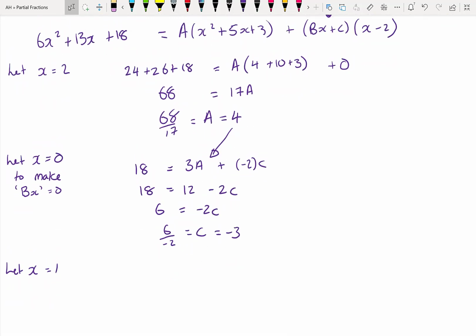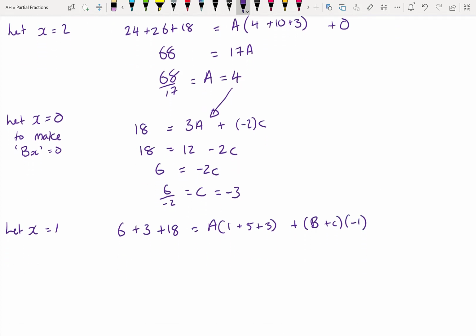So that is going to give me 6 plus 13 plus 18 is equal to a lots of 1 plus 5 plus 3 plus b plus c lots of, and there's the other advantage, I don't have any multiples of b, minus 1.